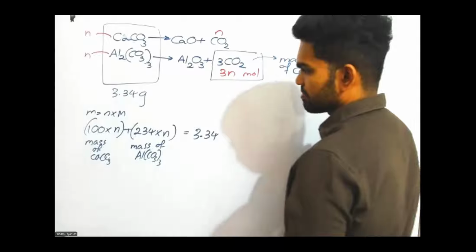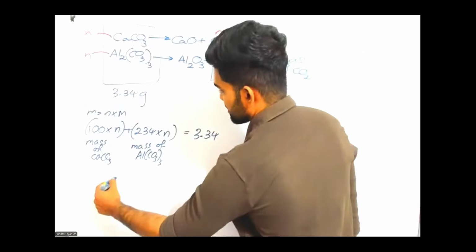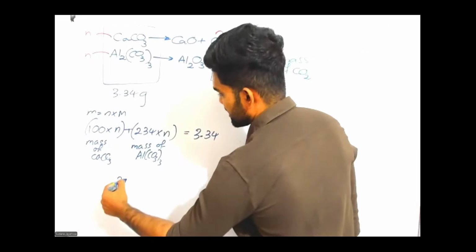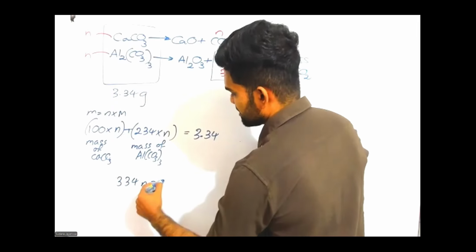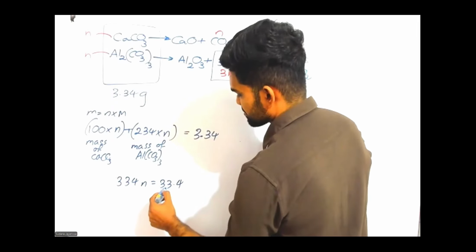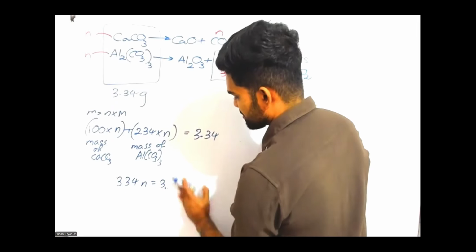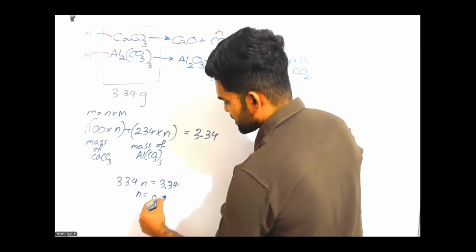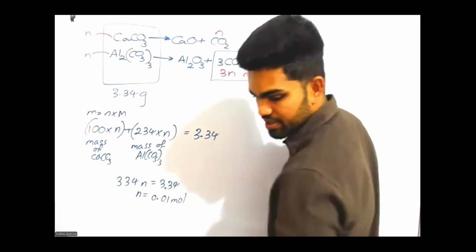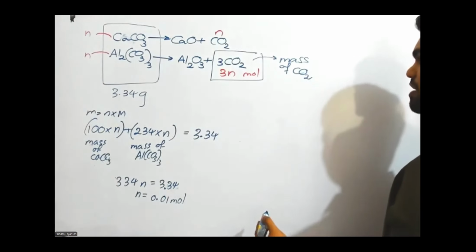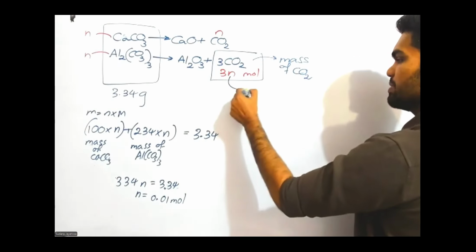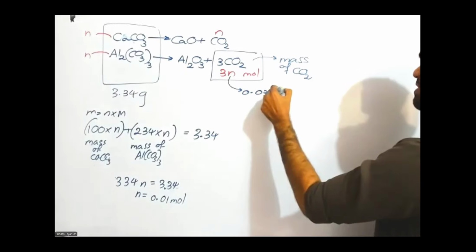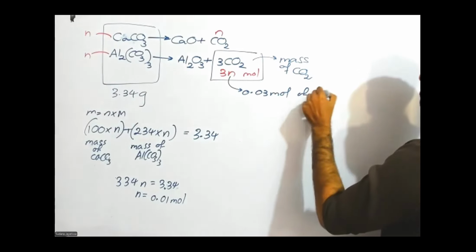If you add them, 334n equals 3.34. So your n is equal to 0.01 moles. So here you will have 0.03 moles of CO2.